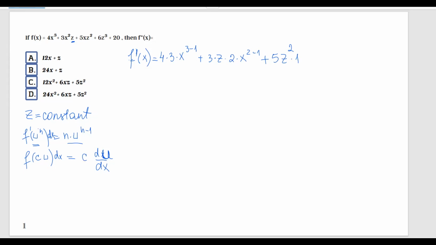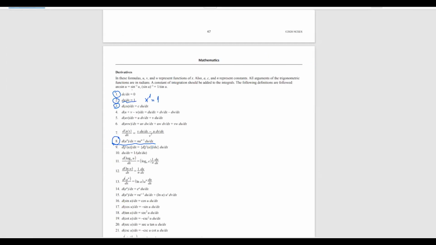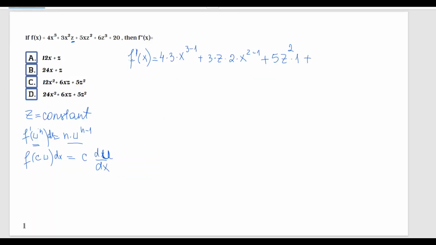And then moving forward, we have plus 6z cubed. Remember, z is a constant, so we're going to treat this whole thing as a constant. Coming back here, the derivative of a constant c dx equals 0. So here we're going to have 0. And then 20 is a number, a constant. Again, we're going to have plus 0.